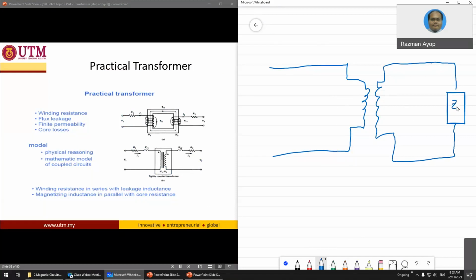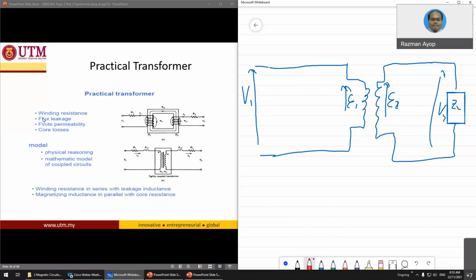This is the secondary, E1, E2. This one is V1 and this one is V2. In an ideal transformer, V1 is equal to E1, E2 is equal to V2. But for a practical transformer, that all changes.